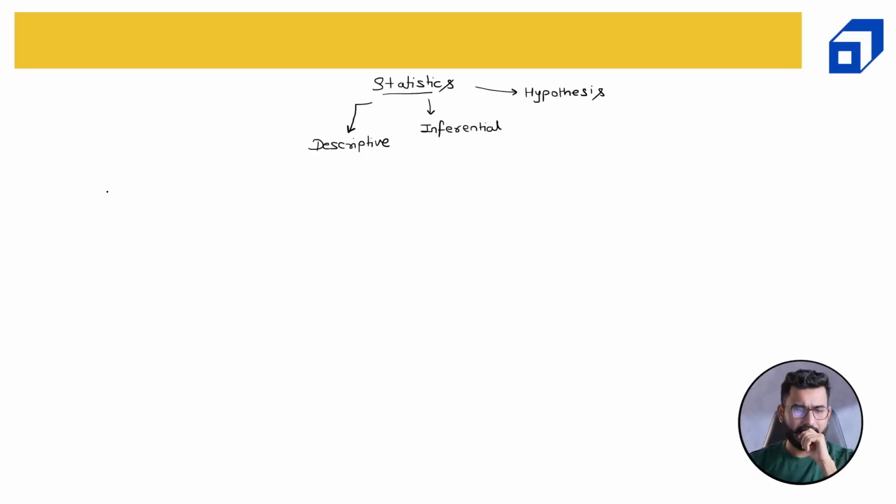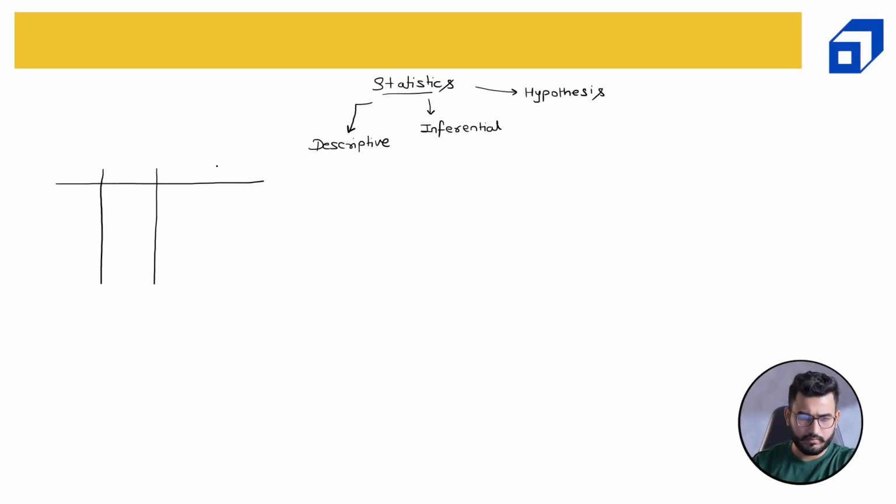Let's first take some random data. Let's say we have this kind of data of a few students, with their student ID, the name of the student, their marks, and their age and which city they belong to.